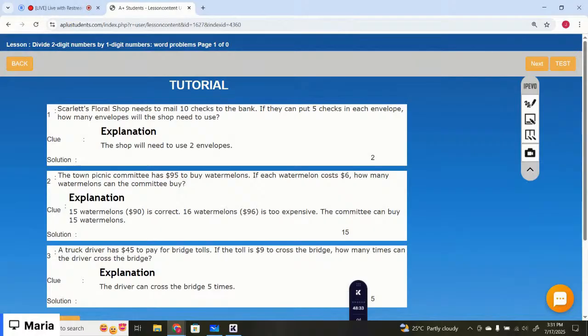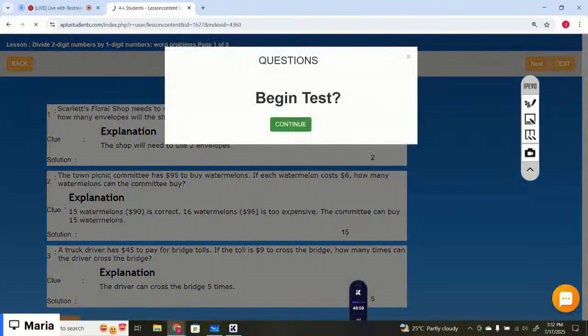So the correct option is 2. Okay, let's just start with the test questions.